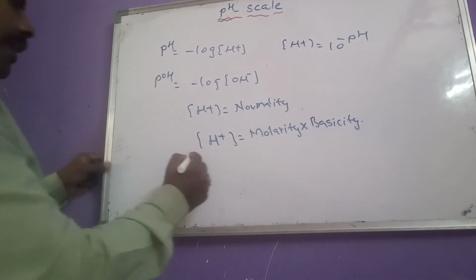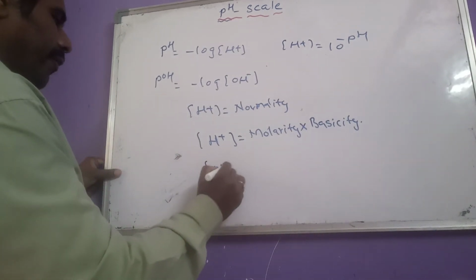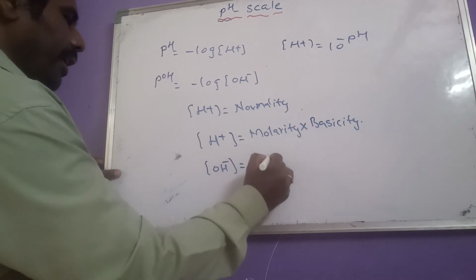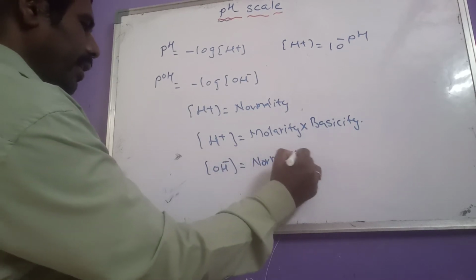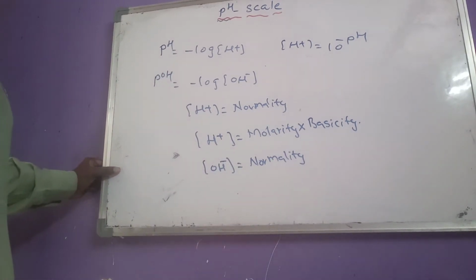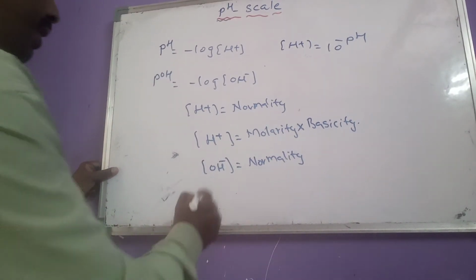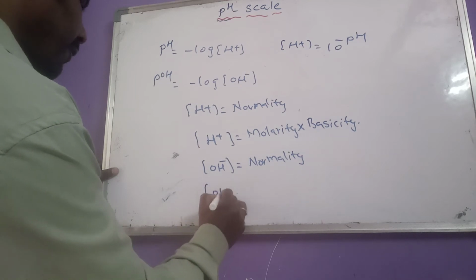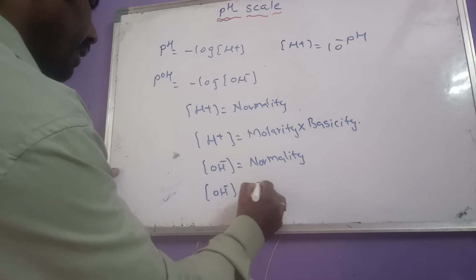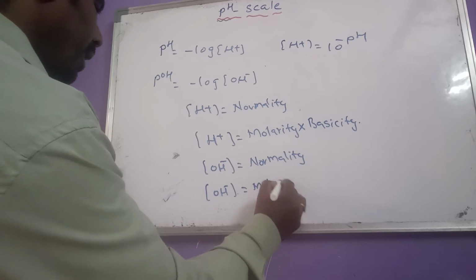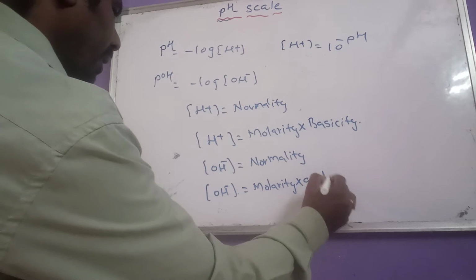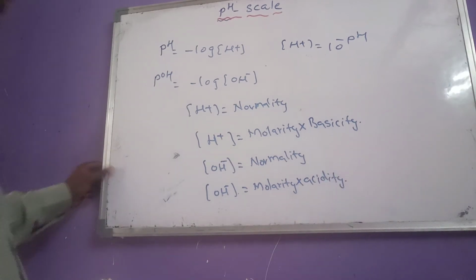Similarly for a base, if normality is given, then the given normality is directly equal to the OH minus ion concentration. Suppose the base concentration is given in molarity, then to get the OH minus concentration, multiply molarity by acidity.